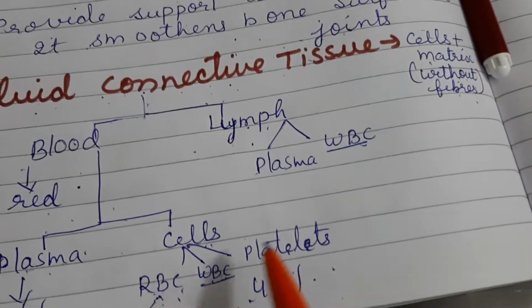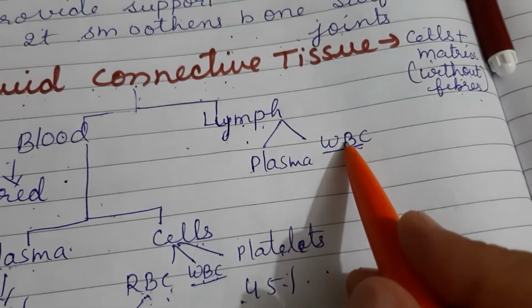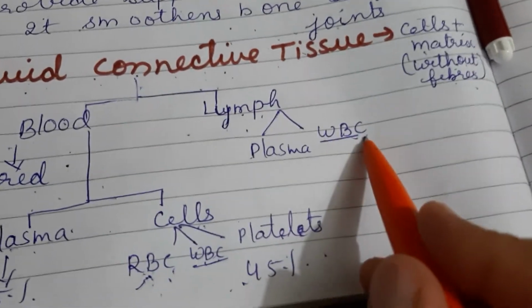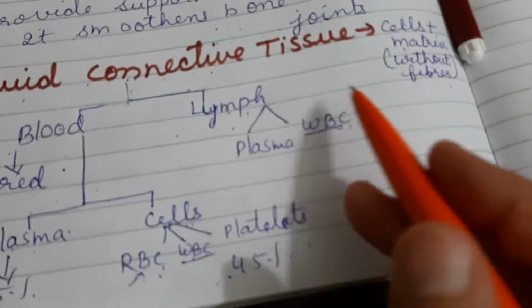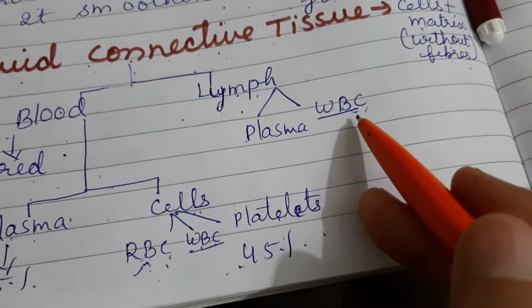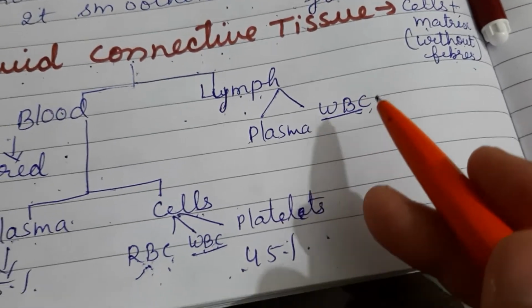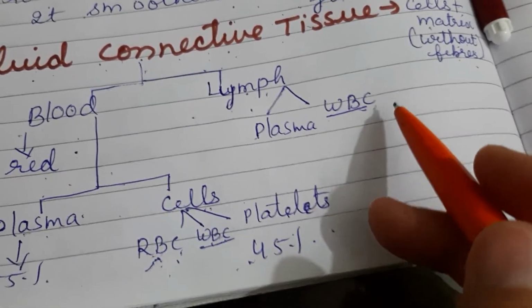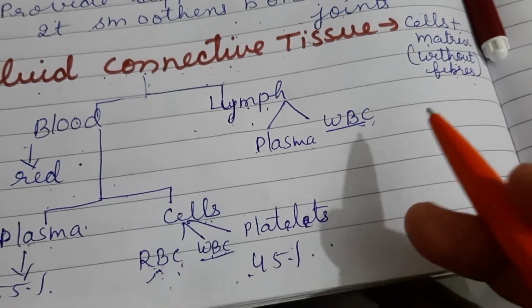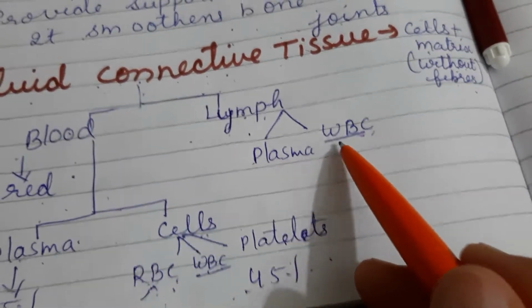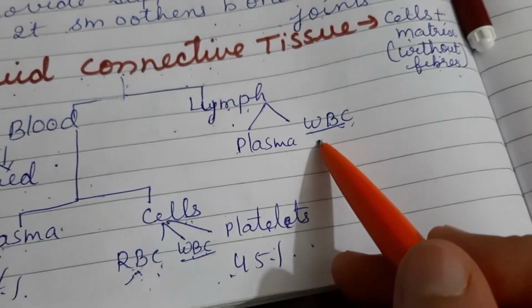That is why the color of lymph is not red, because it does not have RBC, so it does not have hemoglobin. So that is why its color is pale. Lymph is pale yellow in color due to the absence of RBCs.